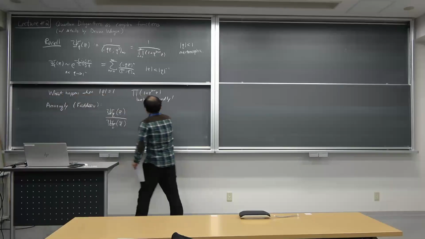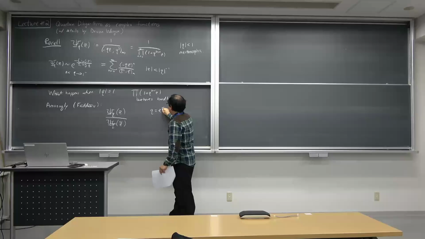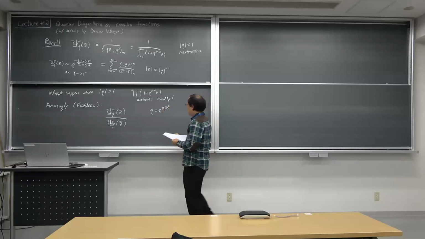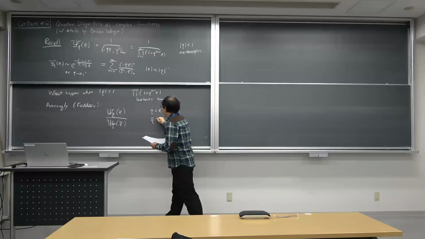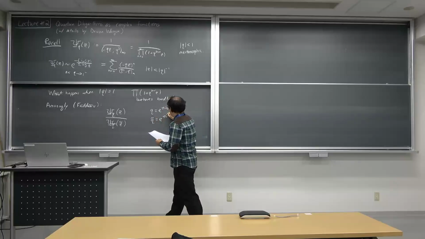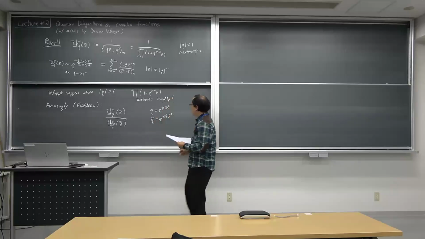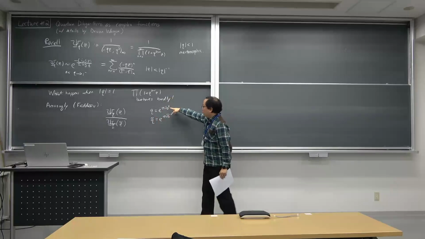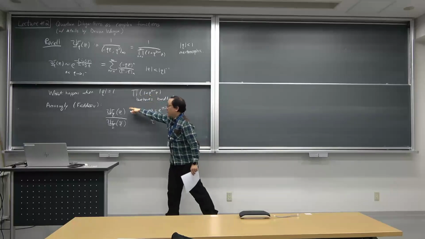So here, if I parameterize q as e to the pi i b squared, and q tilde is e to the pi i b to the minus 2. So of course, if b is real, this has norm 1, and this does not make sense.